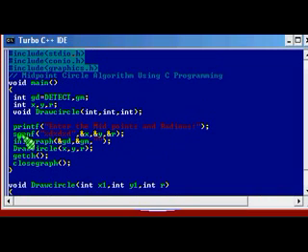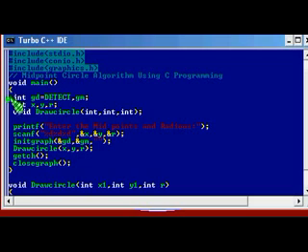So we have done the graphics initialization using the initgraph method, and we are using the printf and scanf combination to read the values of x, y and r. x and y are the center point of the circle and r is the radius to draw the circle.